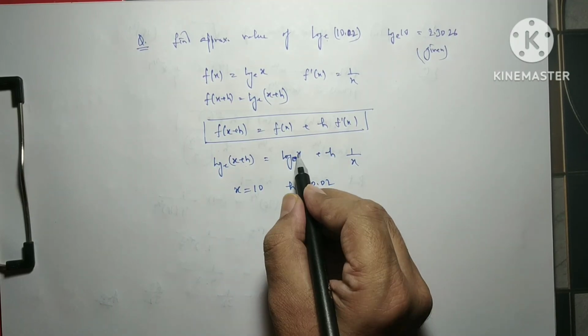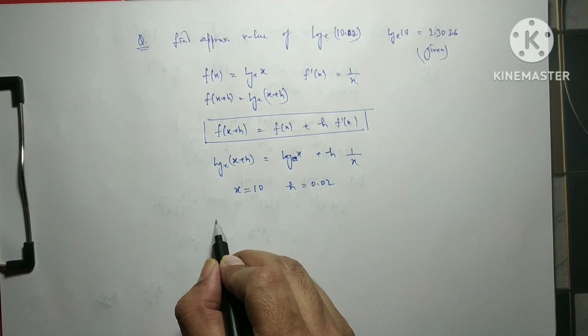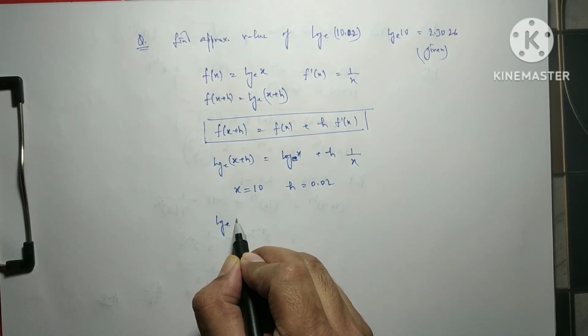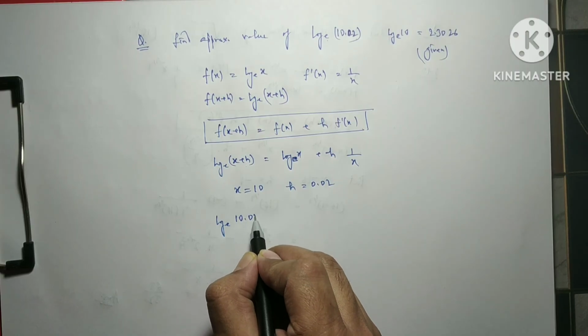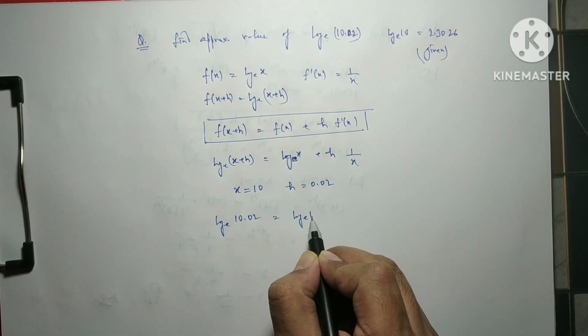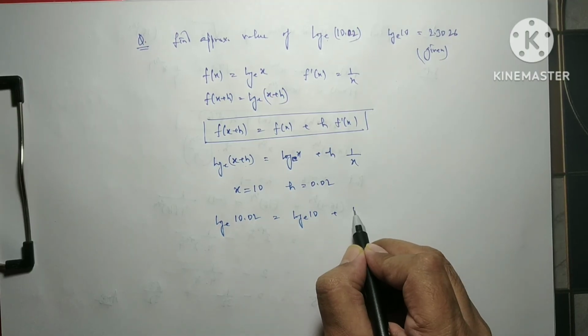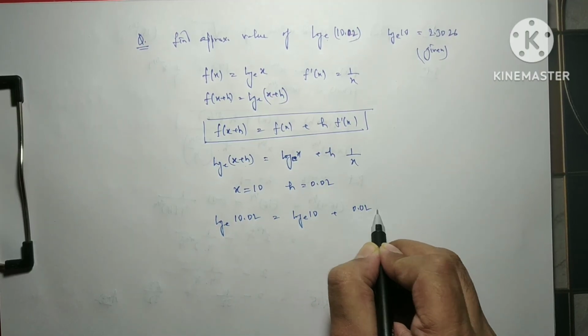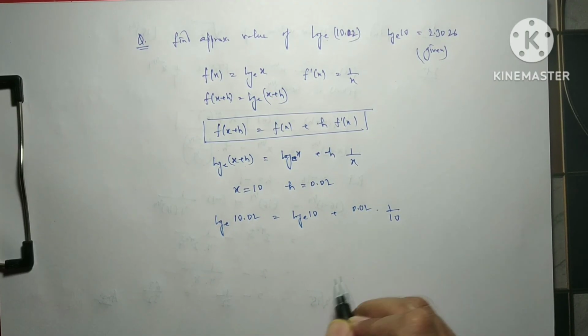So put these values in this, so we get log 10.02 ≈ log 10 + 0.02 × 1/10.